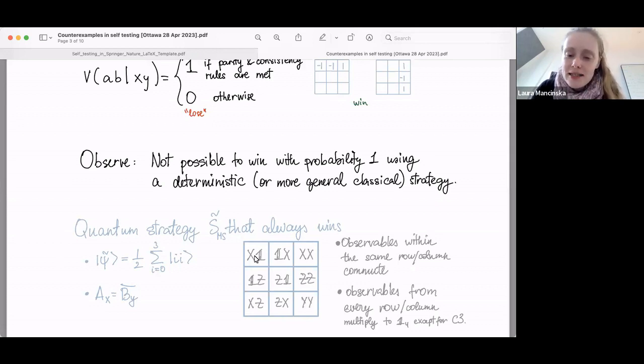So also I'm omitting a tensor product here. So there's X tensor identity, right? Z tensor 1 and things like that. So this is a 4x4 matrix in every little square. Along every row and column, so within the same row or column, these operators commute.